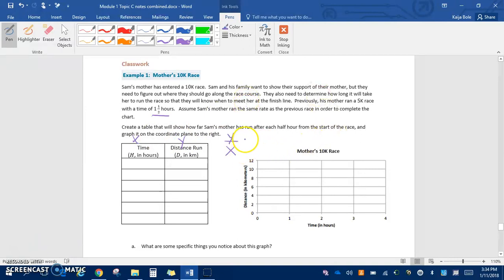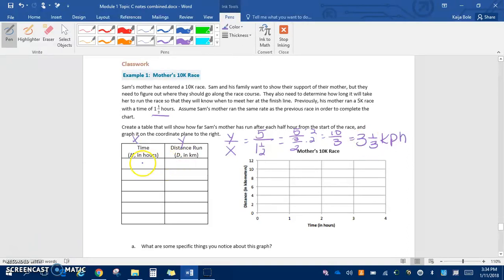So we know that she ran a 5K in 1.5 hours. So if we're going to calculate our k, we have 5 over 3 halves. So we're going to multiply both by 2. So we get 10 over 3, which is 3 1/3. And this would be kilometers per hour, so kph.